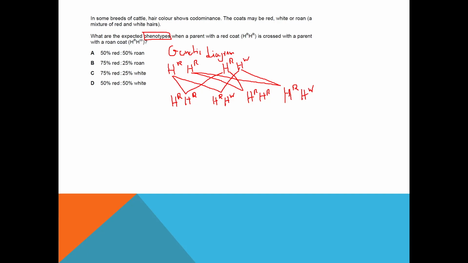So let's write down the phenotypes below each of these offspring. If we have HR, HR, obviously it's red. If we have R and W, it's neither red nor white, it's a mixture of both, so it's called roan. Okay, we have HR, HR that is red, and HR, HW that is roan. Now it's time to find the answer.